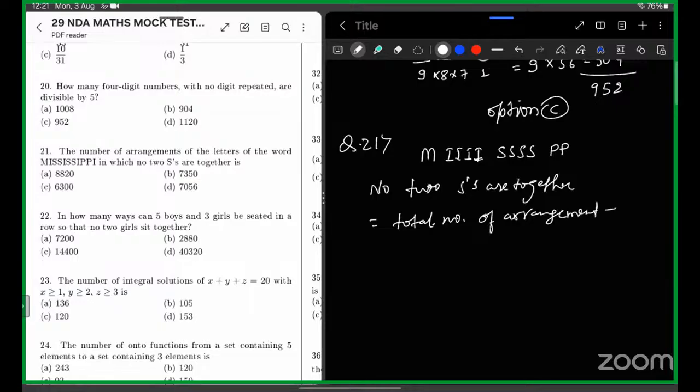Not saying that all the S should not be together. Only two S should not be together. So there the case will be different.